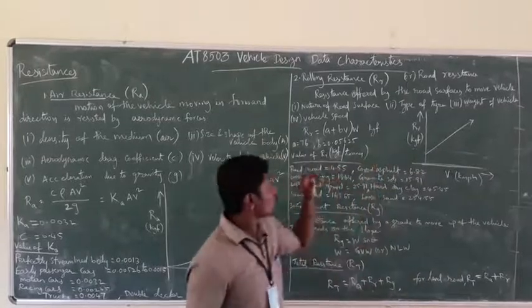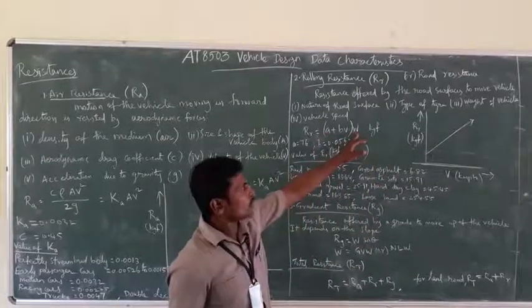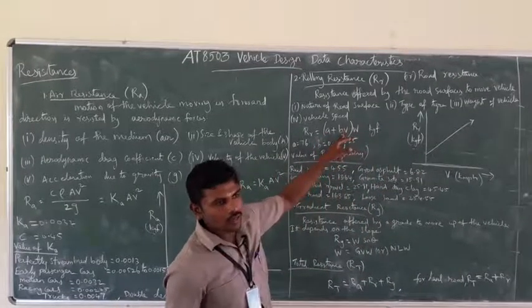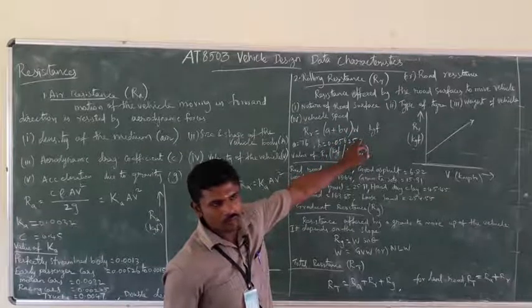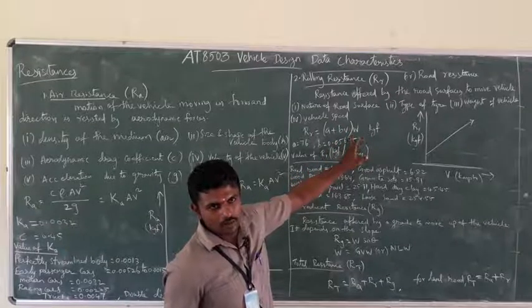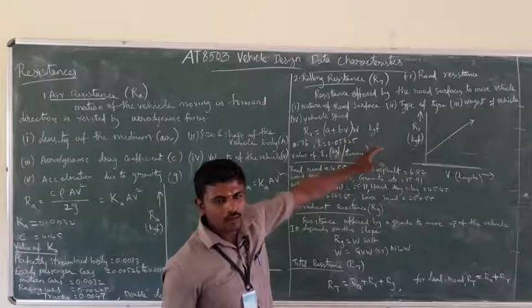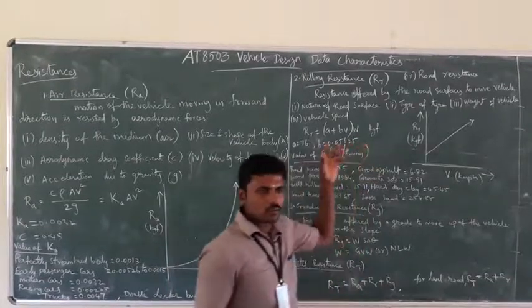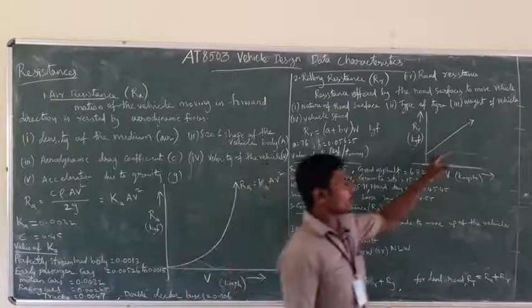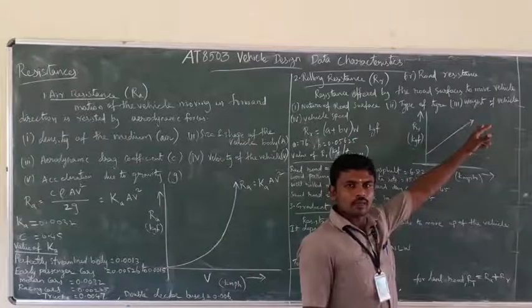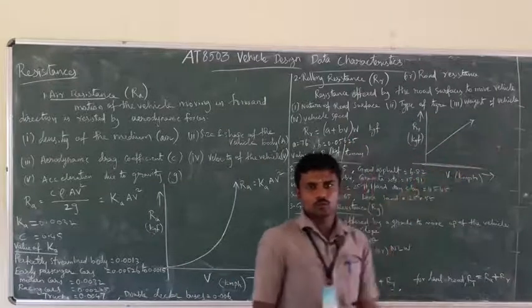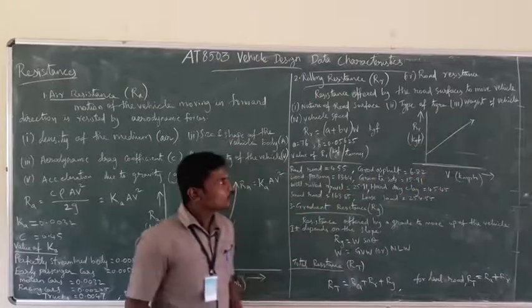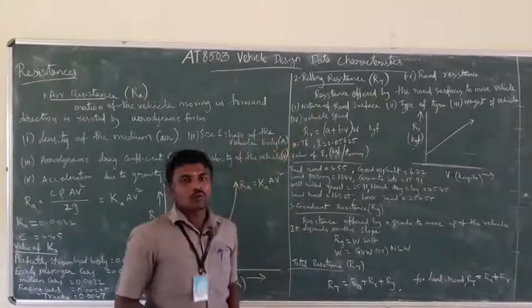After substituting those values, the only variables will be velocity and gross weight. When we substitute those values, we get the changes and can plot them. Finally, we got the rolling resistance values.